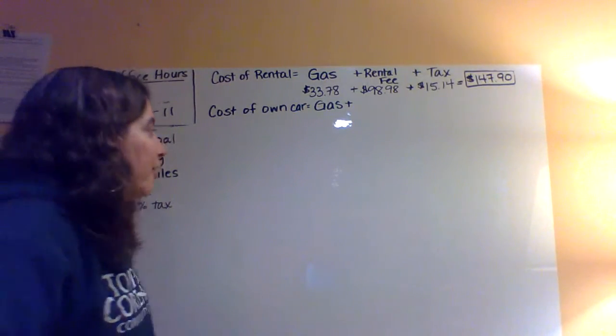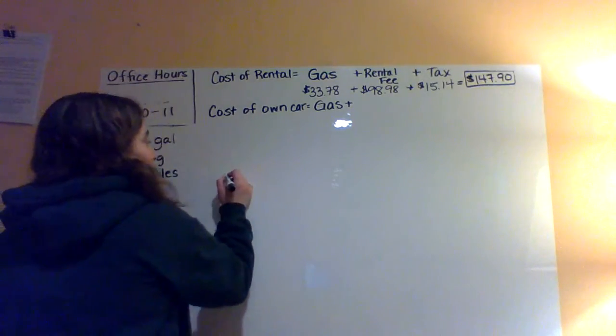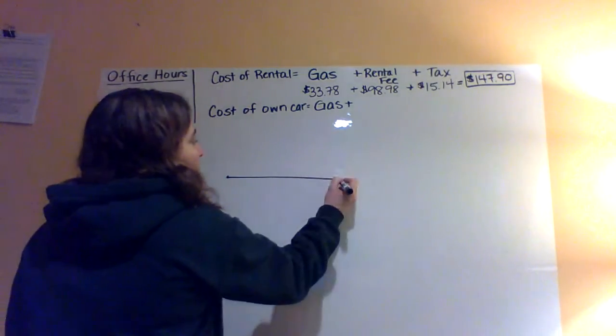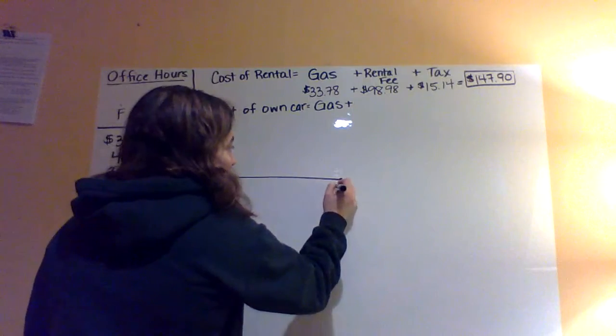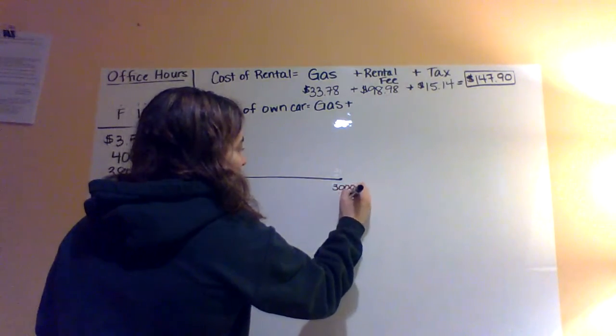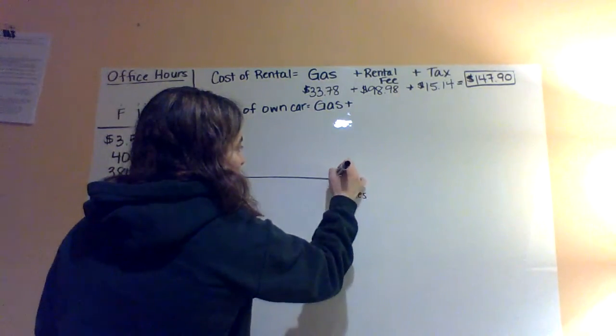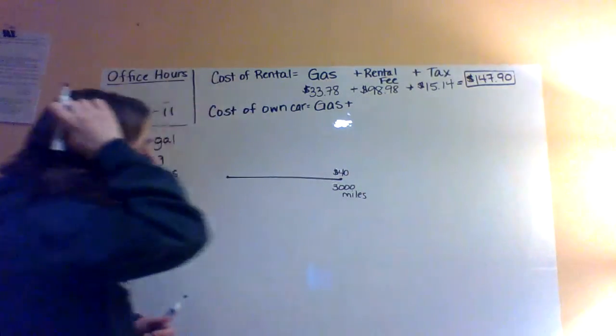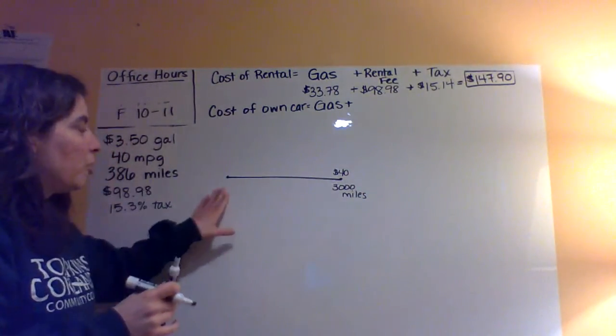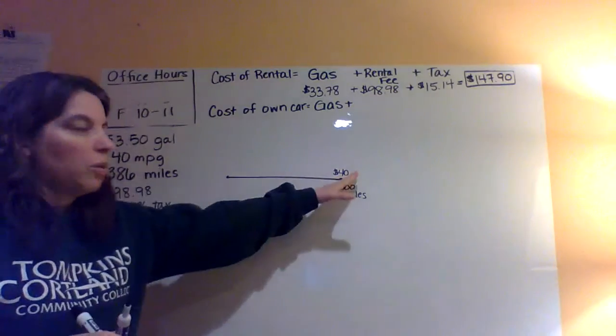But if you think about this, let's say you get an oil change here, okay? Now we know we have 3,000 miles until she needs a new oil change, and it's going to cost her $40, okay? That doesn't mean that these miles in here don't count toward that, though, right?